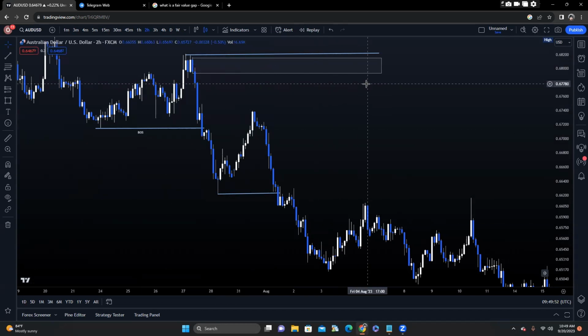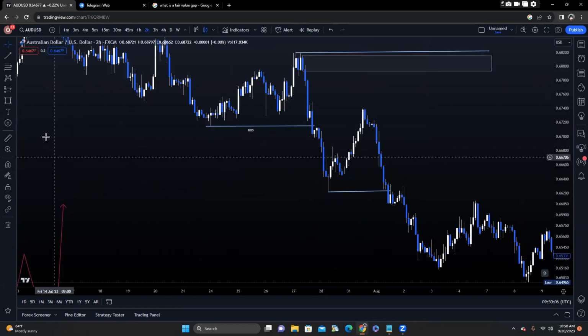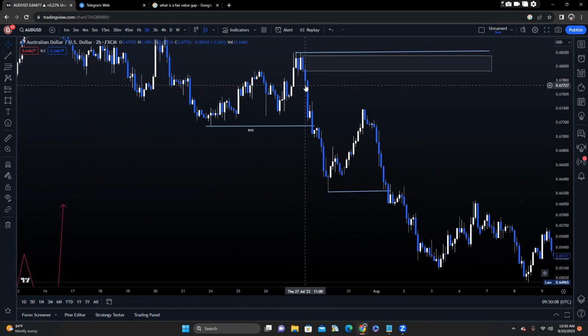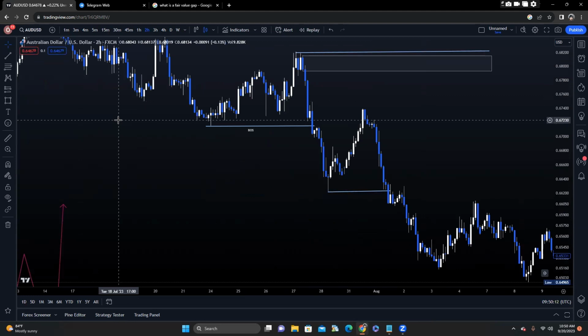For it to be a valid order block, in my own semantics of teaching, there must be a break of structure, and there must be a fair value gap resting on that order block. Now, a fair value gap, as I've explained before, is an area of imbalance in the market that has been or will be filled at one point or the other.